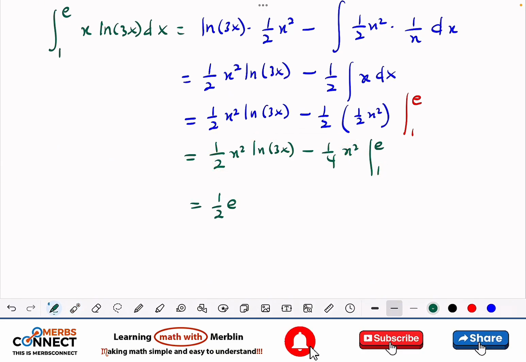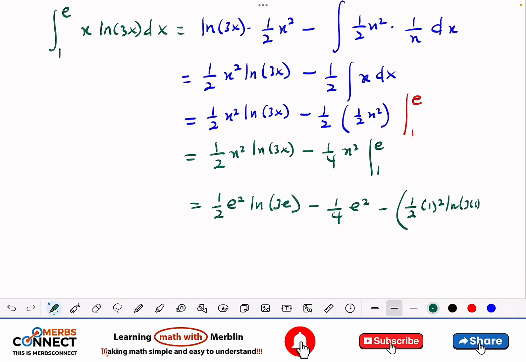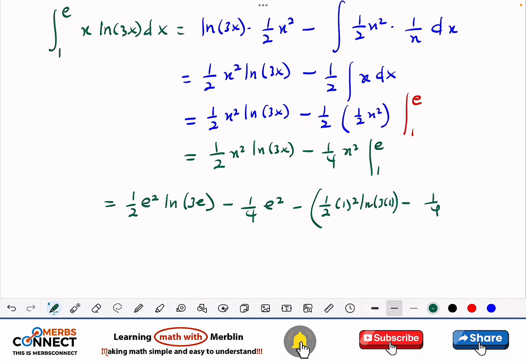So let's see how the simplification will be. 1 over 2 e squared natural log of 3e minus 1 over 4 e squared minus, then I plug in 1. You see that when I did the minus, I bring my parentheses because the function here is not just one quantity, it's two of them. So I'm going to have 1 over 2, 1 squared, ln of 3 times 1 minus 1 over 4, 1 squared.